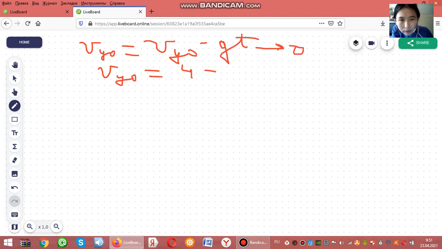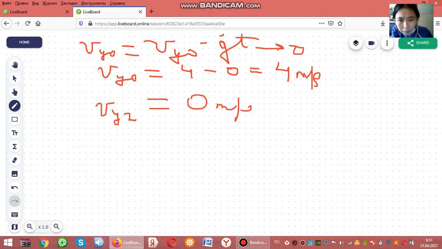Here t will be 0, so it will be just 4 meters per second. And what about at 2 seconds? It will be 0, right? Here 4, here 2 times 2, so 0. I hope you understand me.